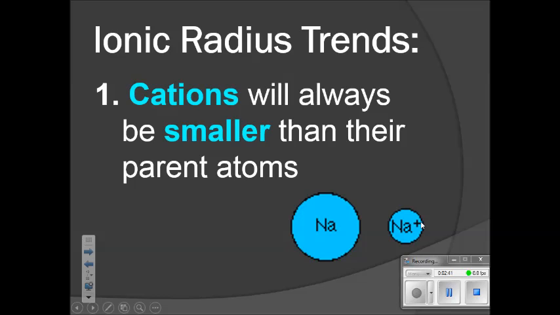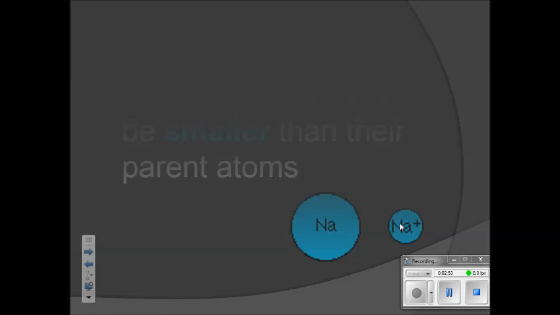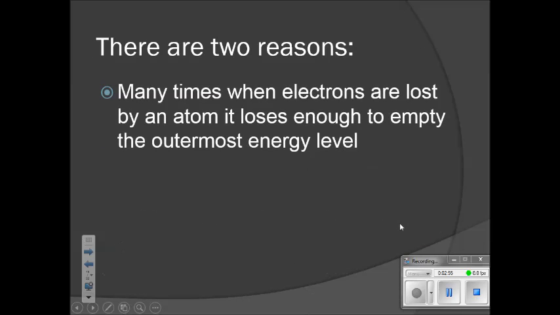So if it loses that one electron and becomes sodium with a +1 charge, it's really behaving like neon. It's really got 10 electrons, still the same number of protons, and so we're going to get a smaller atom. So if it loses the only valence electrons it has on a shell, then obviously it's dropping a whole shell. That's definitely going to make it smaller.